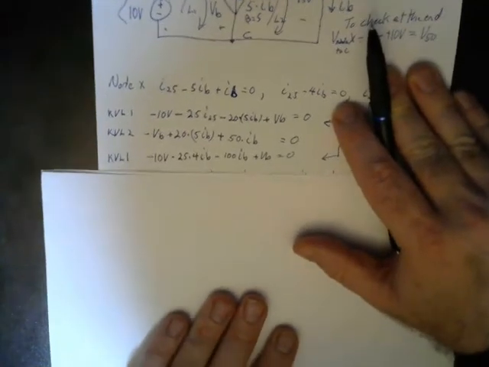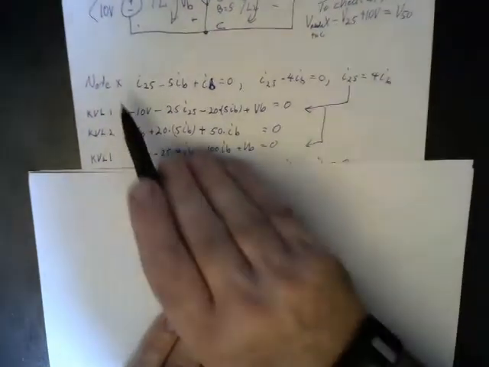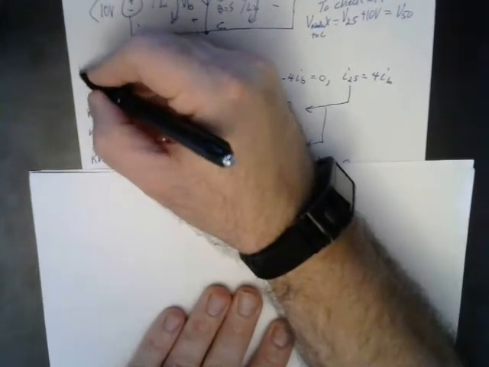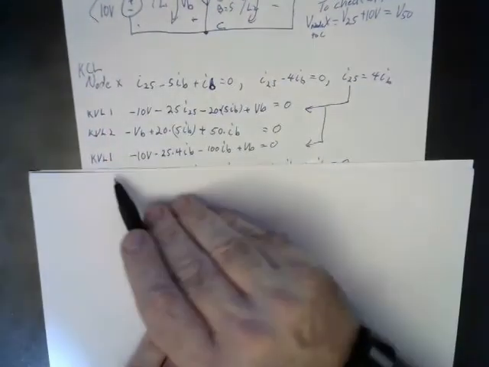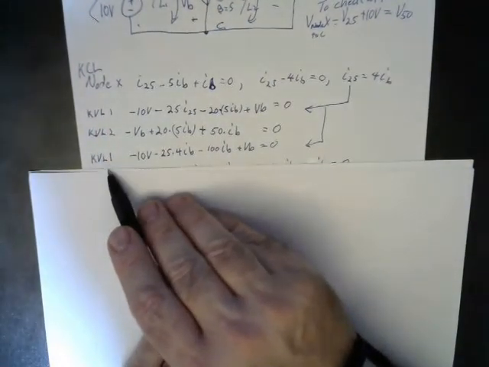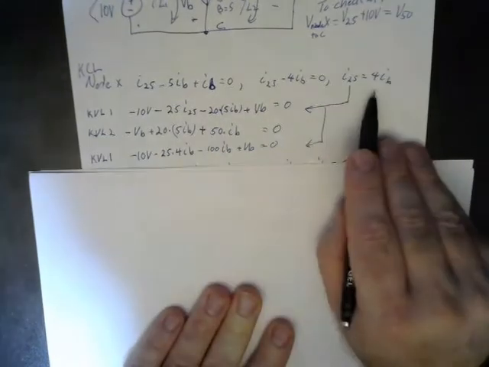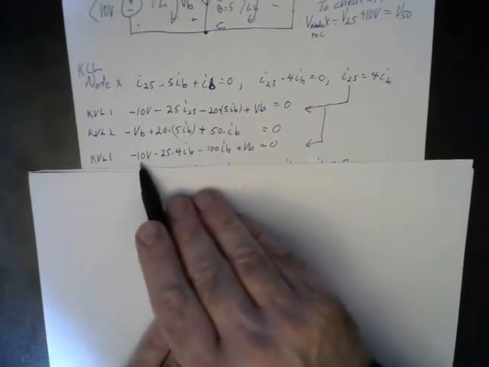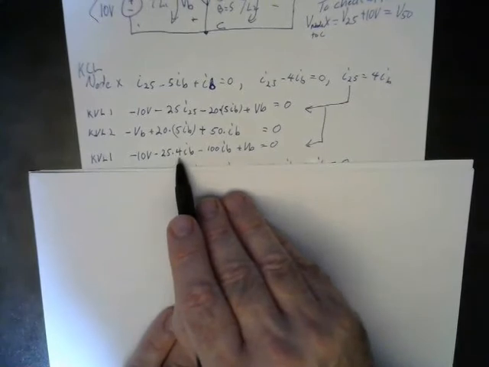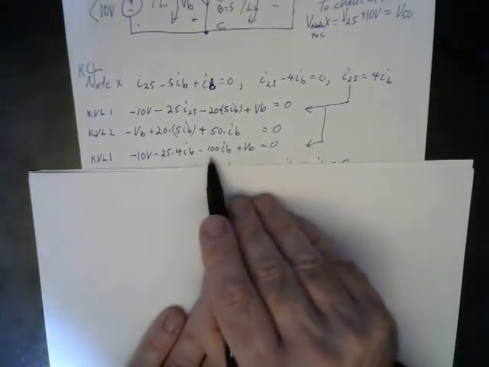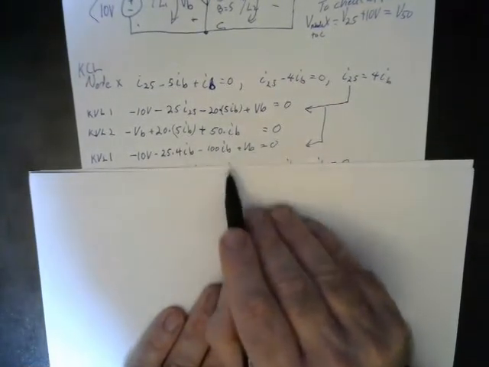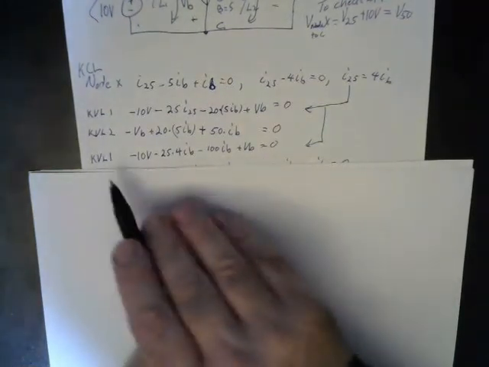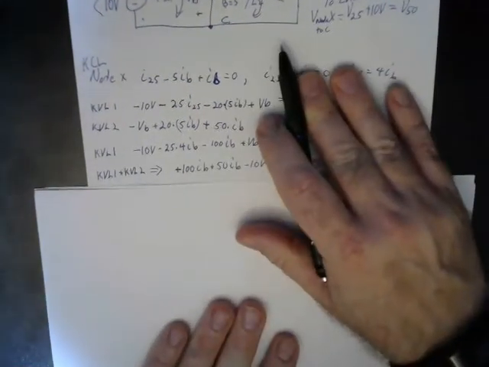So I'm going to substitute the Kirchhoff's current law equation into the Kirchhoff's voltage law equation, the first one, to get rid of I25. So I'm going to plug this in here. And this becomes minus 10 minus 25 times 4IB instead of I25. Minus 100 IB plus VB equals 0. Now I'm going to add this equation to this equation.